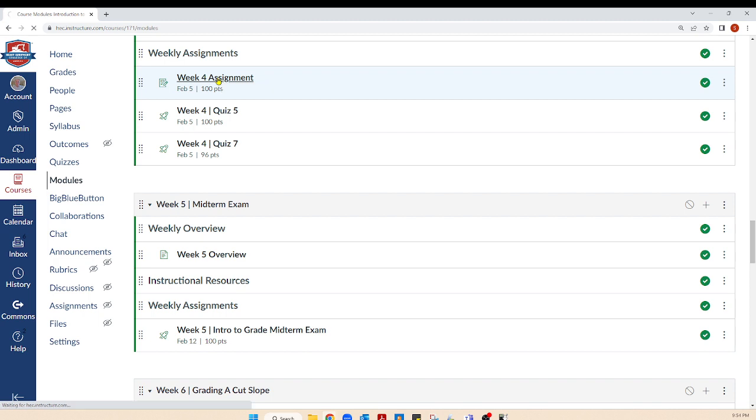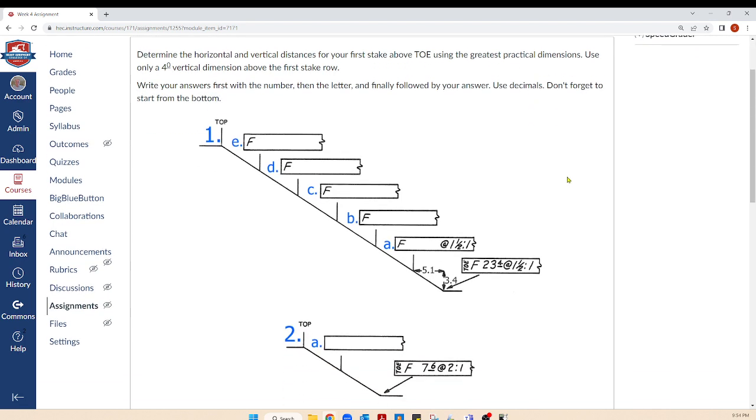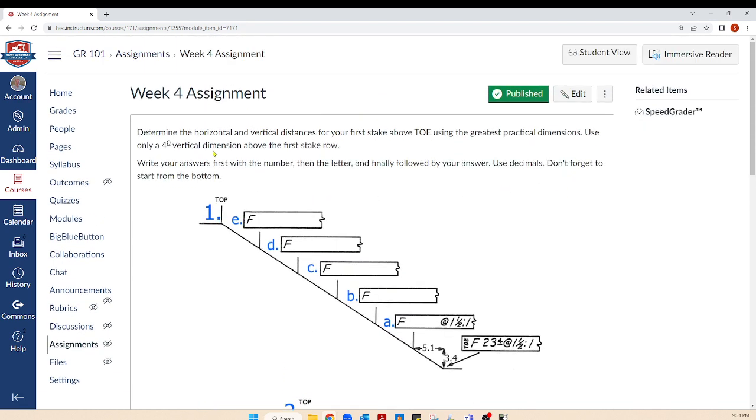Here's your assignment for week 4. Determine the horizontal and vertical distances for your first stake above toe using the greatest practical dimensions.